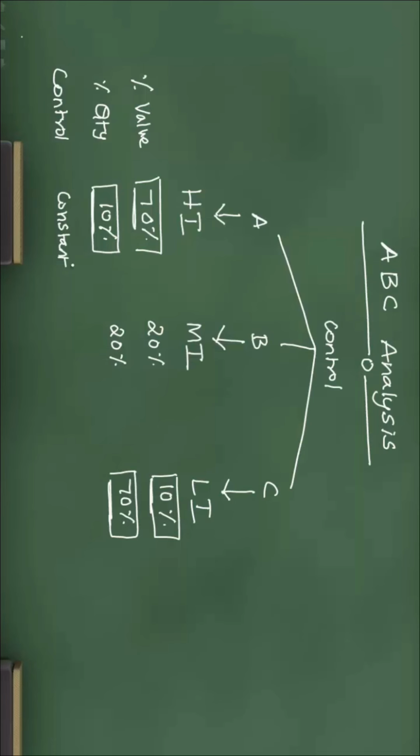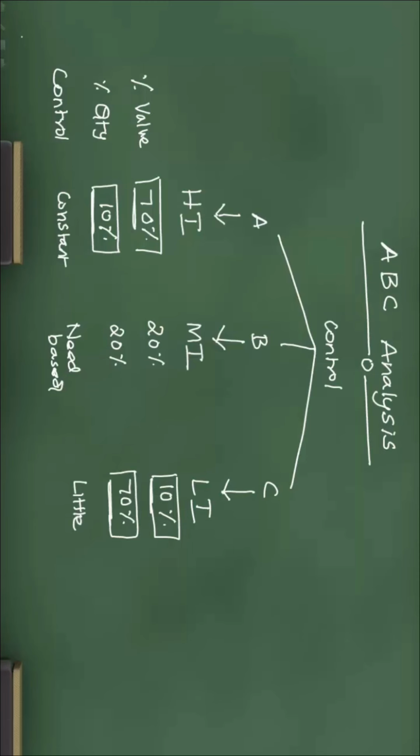We should have economic order quantity for all those materials which come under category A. Whereas for the material under category B, it would be sufficient if we just go on need based. Whereas the material under category C, where they are 70% in quantity but only 10% in value, we can exercise very little control over them. We can focus on saving the associated cost.